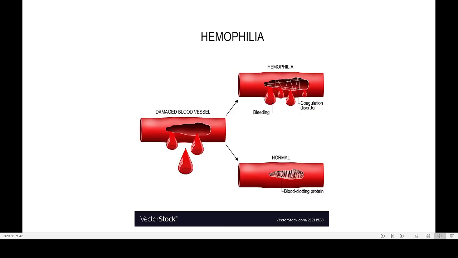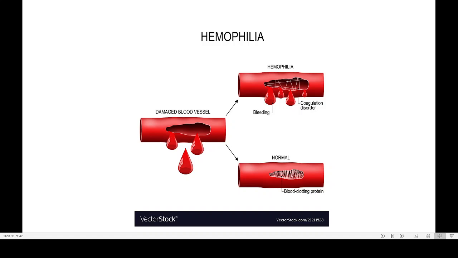Here you can see what happens in the case of hemophilia. Normally, if there is damage to a blood vessel, at that point there will be fibrin threads. Fibrinogen will be converted into fibrin. Here also this process is taking place, but in a very little way.